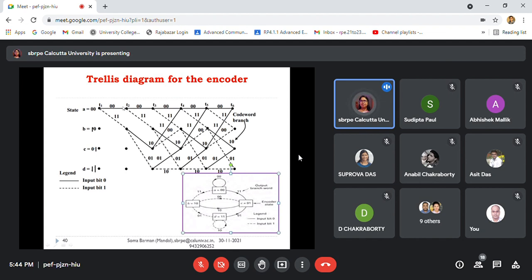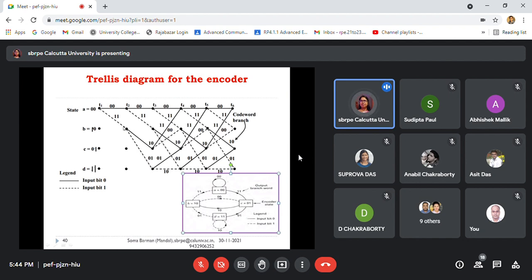One is for the 0 input path, another for the 1 input path. So for each time instant, for each node, 2 paths will be diverged. As at time instant T1, initially it is 0, 0, obviously 2 paths diverge from the node A.